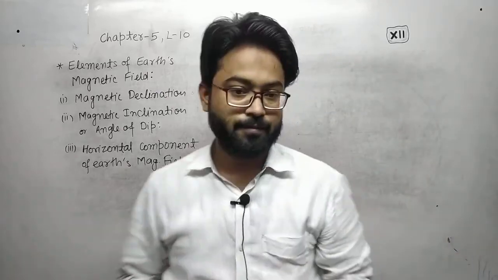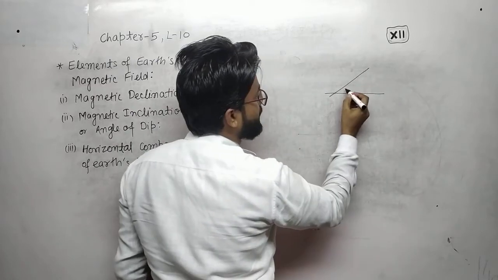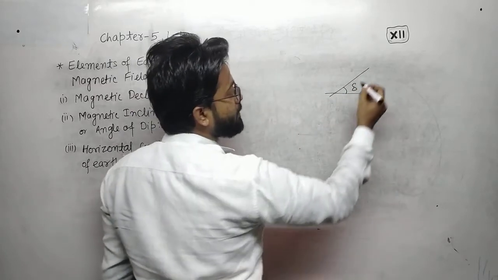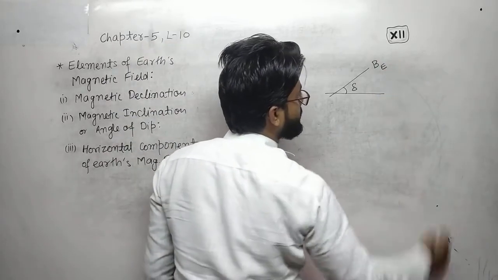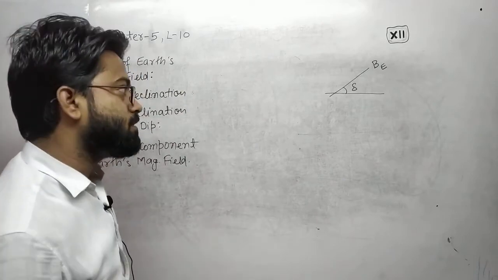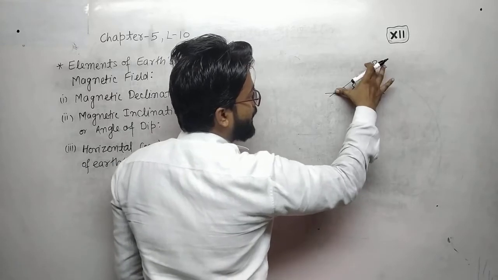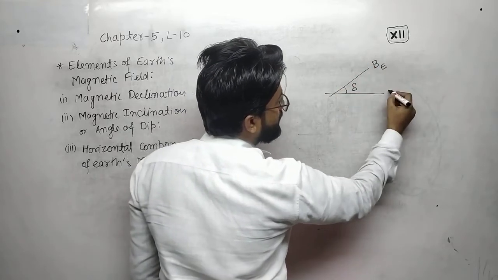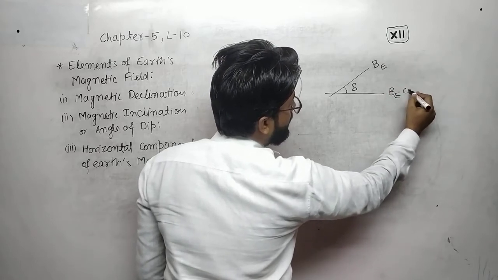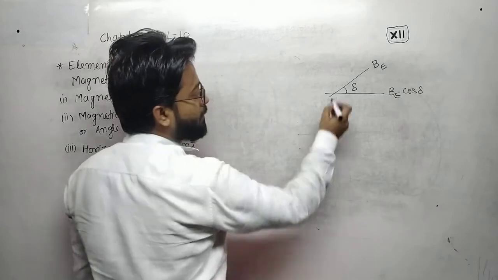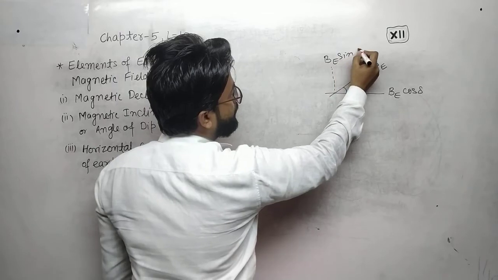If this is the Earth's surface, this is the magnetic field, and this is the angle of inclination, then this is the Earth's magnetic field, B suffix E. This is the horizontal component, BE cos delta, and the perpendicular component is BE sin delta.